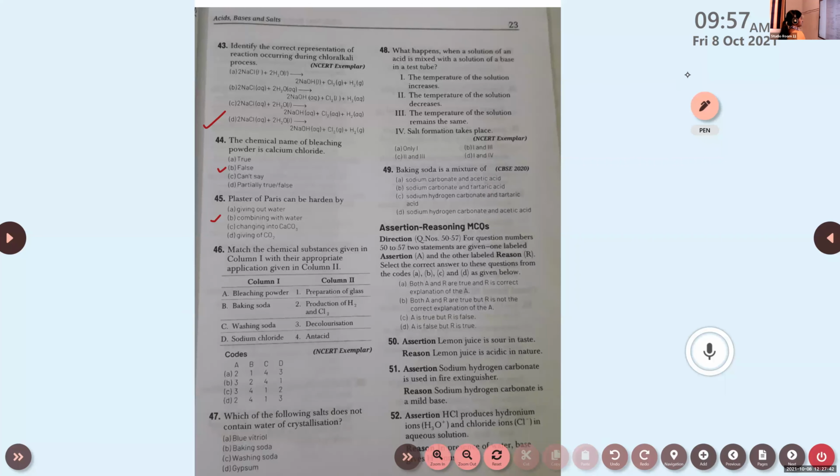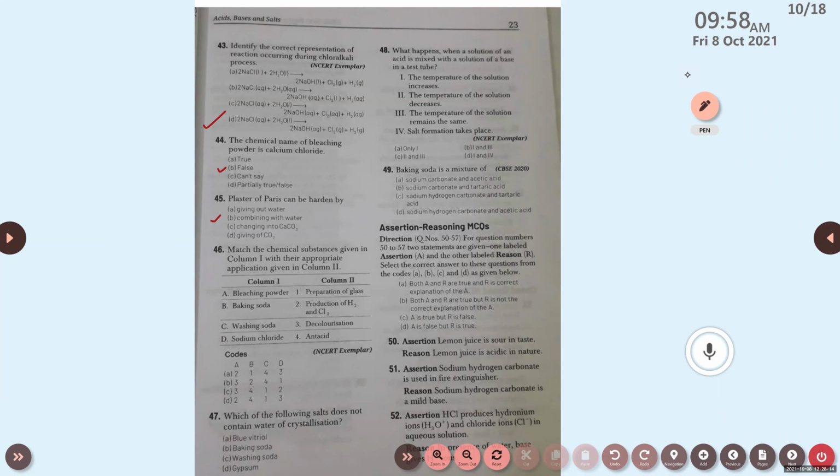Which one is matched for bleaching powder?